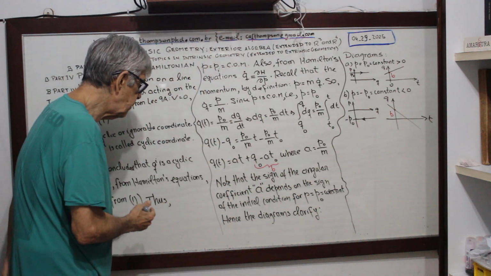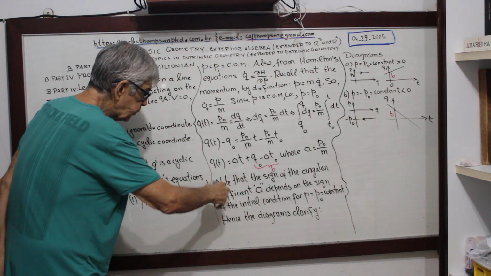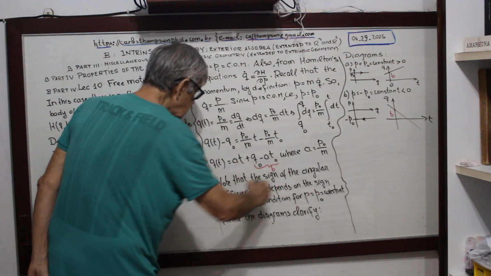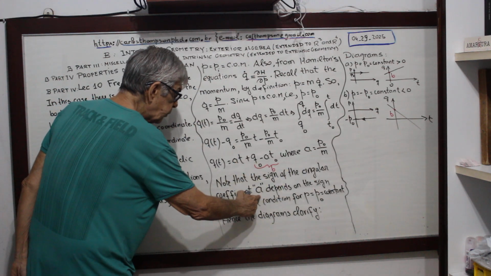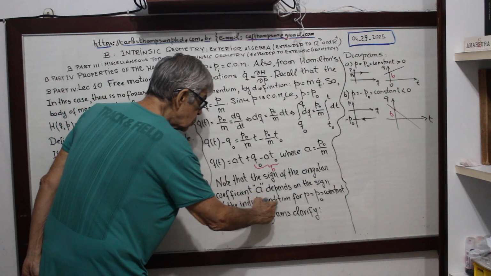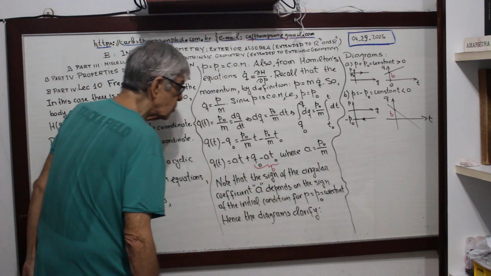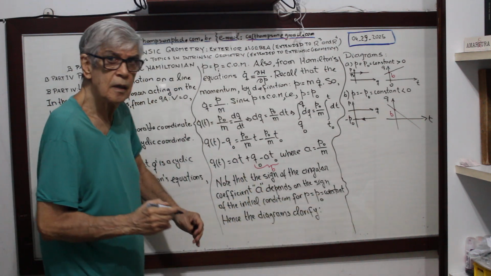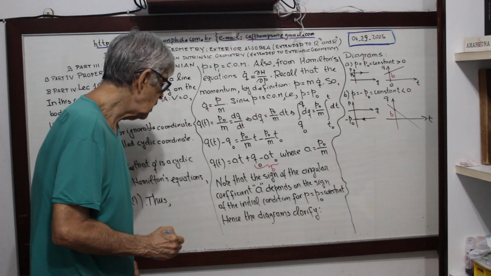It's clear from that. This I said and I repeat here. Note that the sign of the angular coefficient a depends on the sign of the initial condition for p, equal to p0, which is a constant because p is a constant of motion.